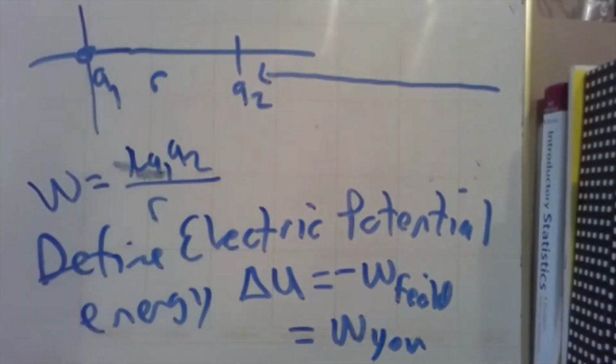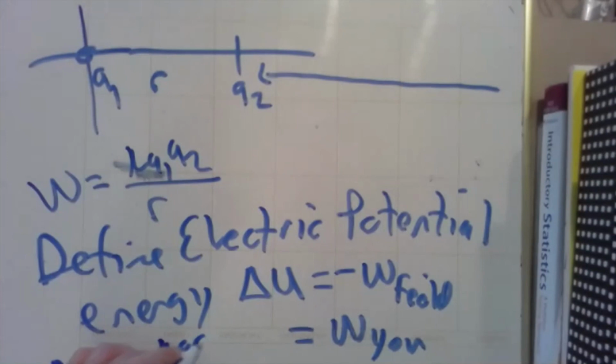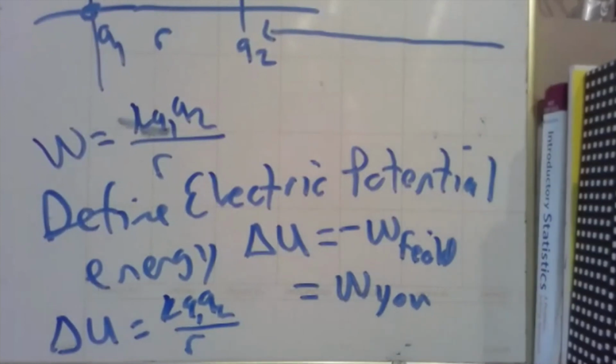So the change in electric potential energy of this system will be k Q1 Q2 over R. So now we take that, and we don't have to ever write that down again. We don't ever have to do that integral. This is now our definition.